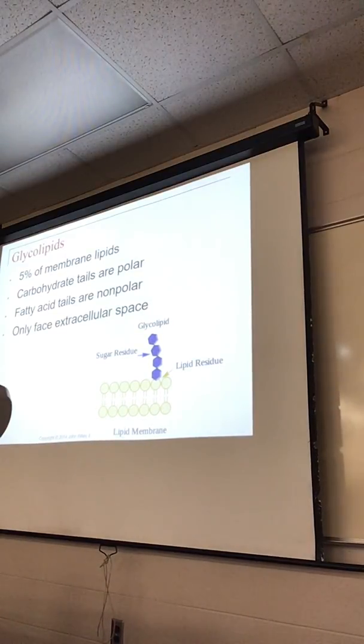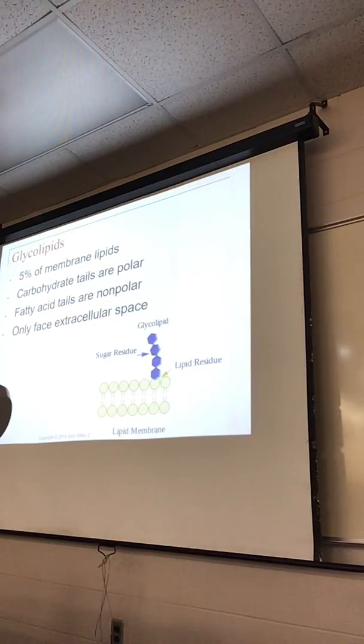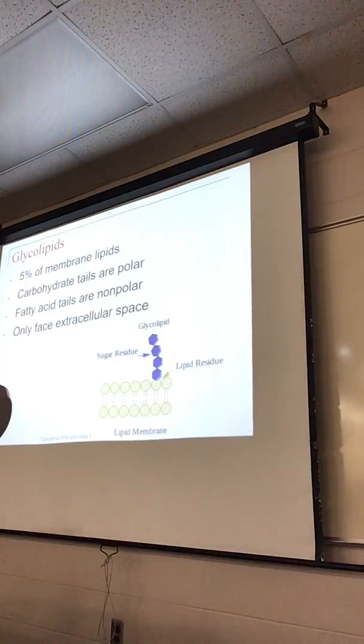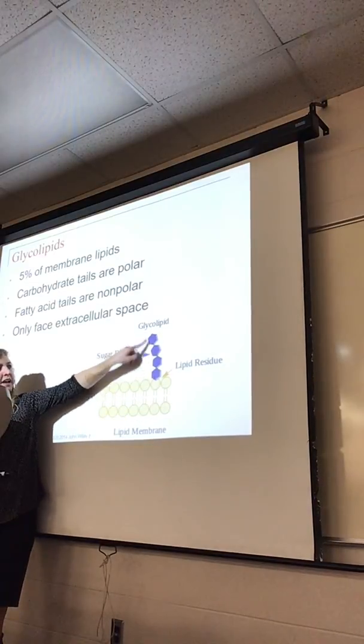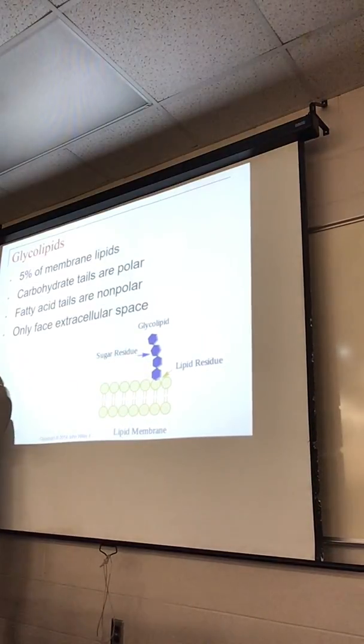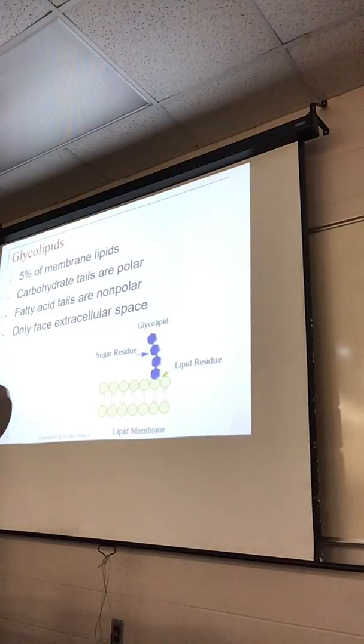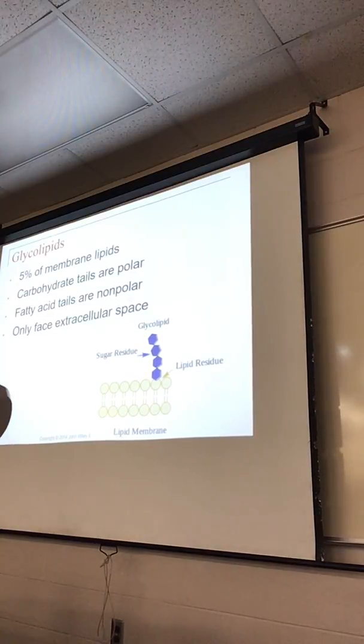They only face toward the outside, extracellular space or extracellular fluid. And these are a very minor part of the lipid part of the membrane. They only make up about 5% of membrane lipids. Again, the nonpolar tails face the inside, but these sugar residues, these little carbohydrates that face toward the outside, are polar, like most carbohydrates.